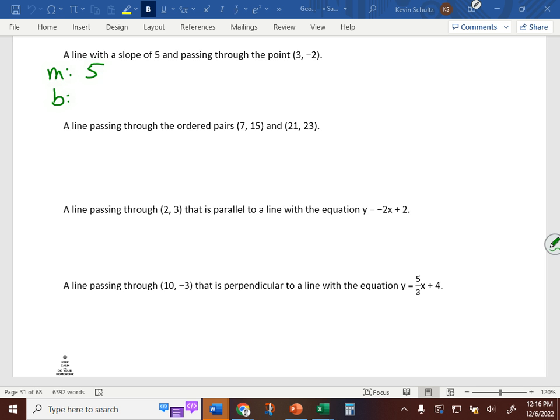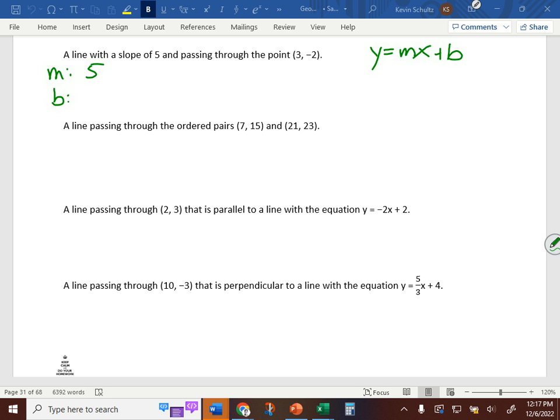If I gave you an XY table, that's what you would do to find the slope. But if you know what the slope is, and I give you an ordered pair that's on the line, Aiden? You can use the x and y in that. Yes. -2 equals 5 times 3.